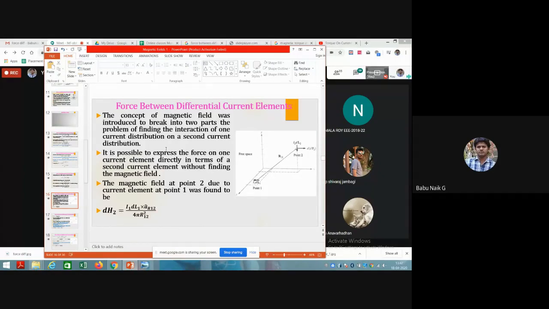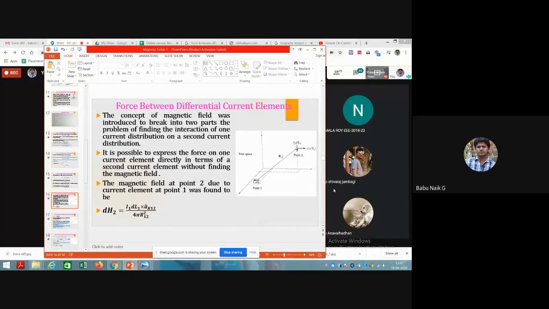Due to this, what will be the force, and what will be the direction of the magnetic field? That is the point we are considering here. So it is possible to express the force on one current element directly in terms of the second current element, without finding the magnetic field.